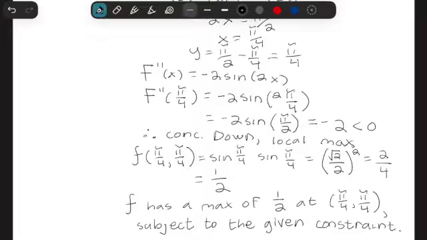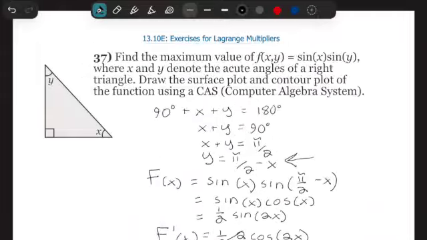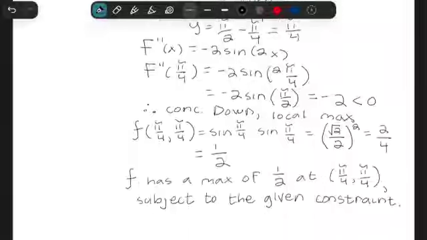And we can also note that pi over 4 is equal angles. So the triangle that we get that maximizes this function is an isosceles triangle. All right, so that's it for the first approach.